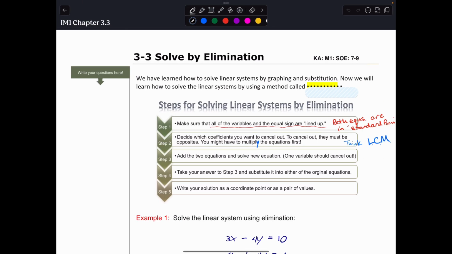You can pick up your pencil, and these are our steps for solving using elimination. Step 1, we want to make sure that all of the variables and the equal sign are lined up. And they put that in quotation marks because really what we're talking about is both of the equations need to be in standard form. Remember, our standard form looks like this: ax plus by equals c, right?